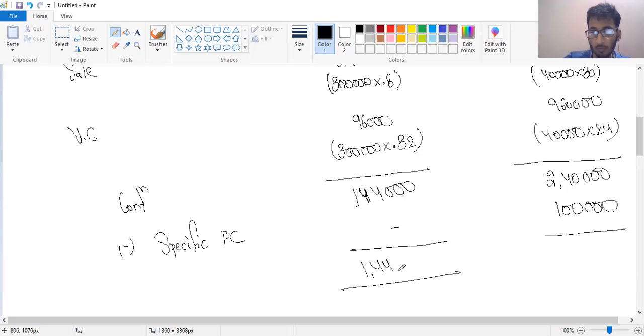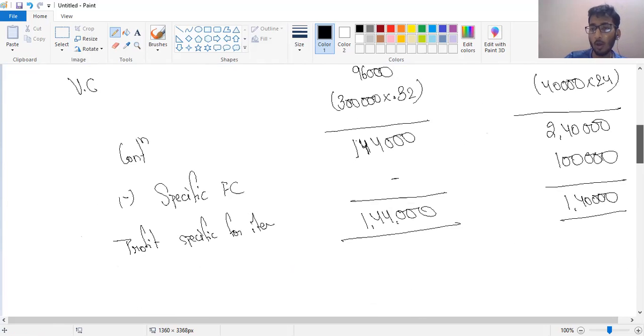So profit specific to each item would be 1,40,000 for the toy and 1,44,000 for the bottles.